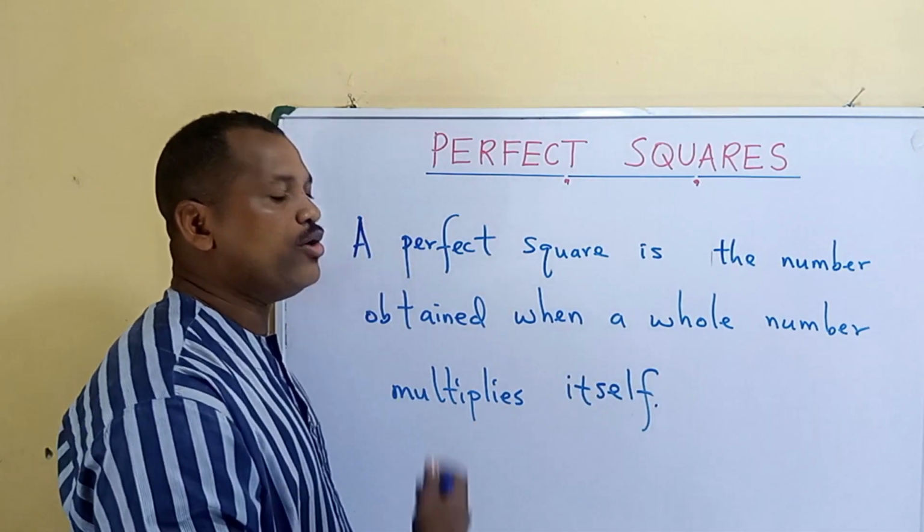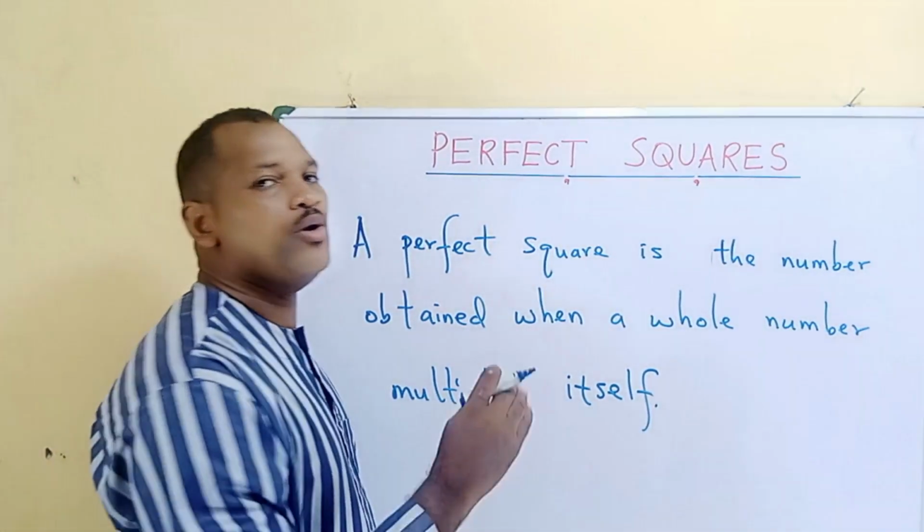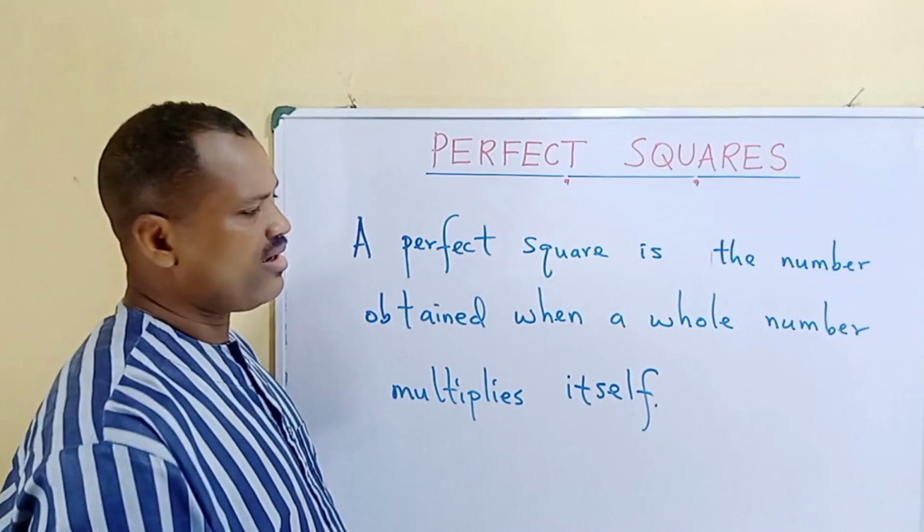When you multiply a whole number by itself, what you get is a perfect square. As simple as that.